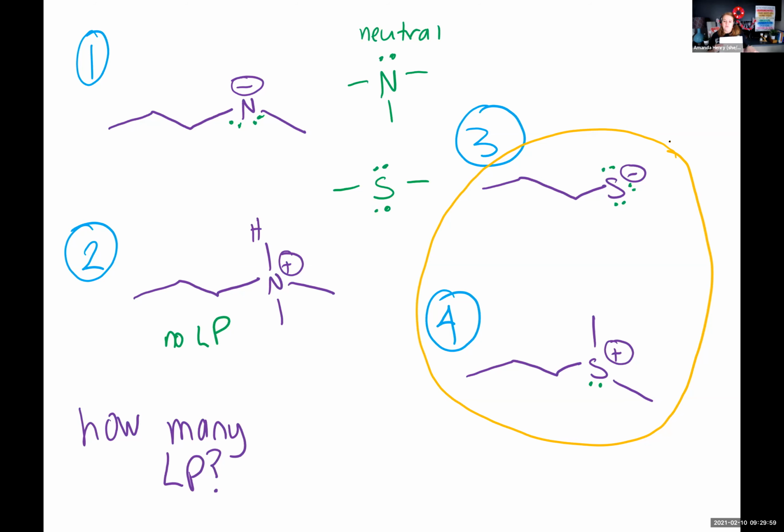Now, phosphorus and sulfur are both a little bit larger than carbon, so they don't form as good of bonds. So we don't see them show up very often. But because we don't see them show up very often, it can be hard to remember what they look like. So if we remember that they're going to look just like their neighbors above them, just like nitrogen and oxygen, it can help us remember that a little bit easier.